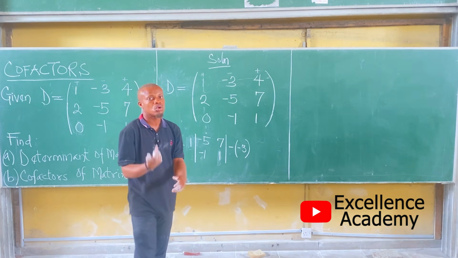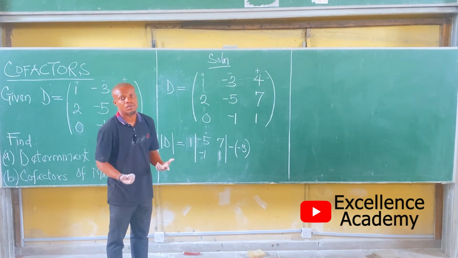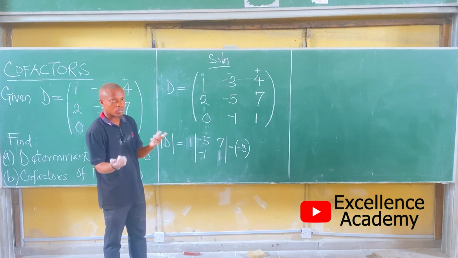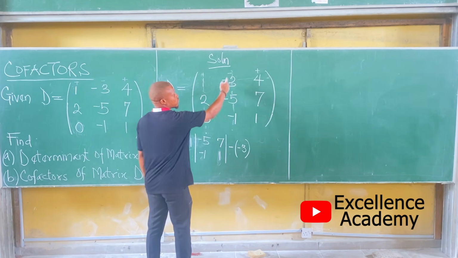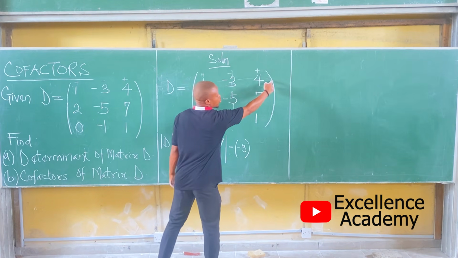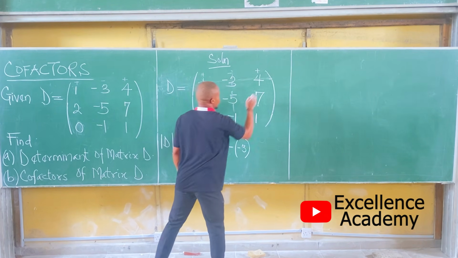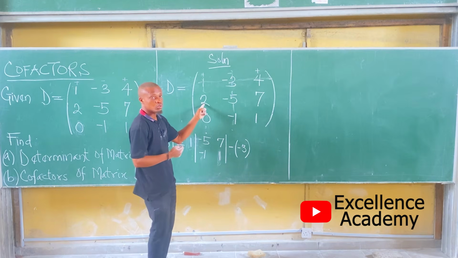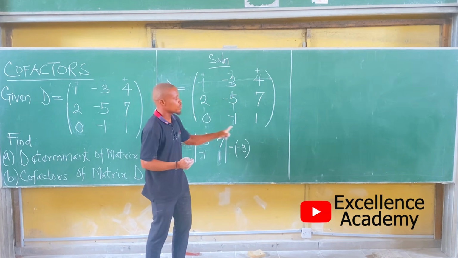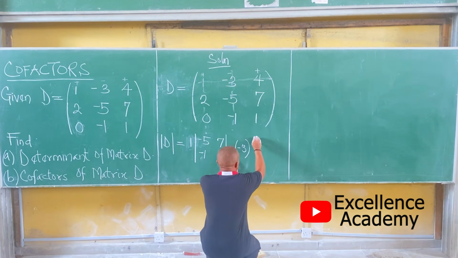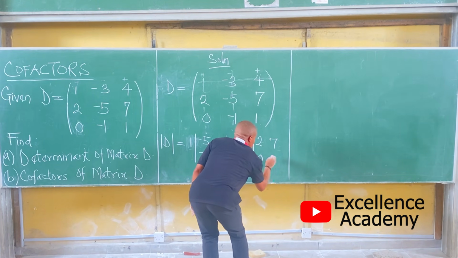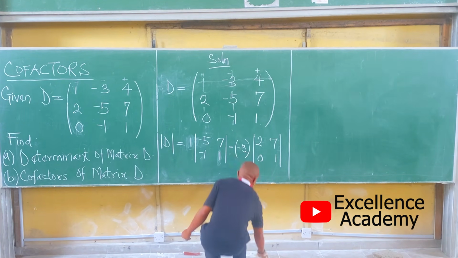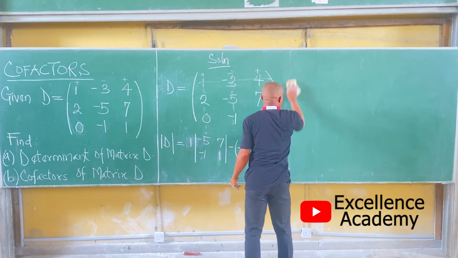Cover the row and column on which that particular element appears, and pick the rest. For this, I'll cover this. It appears on my second column and still on my first row. So what are the elements left? 2, 7, 0, and 1. So I'm having 2, 7, 0 and 1.